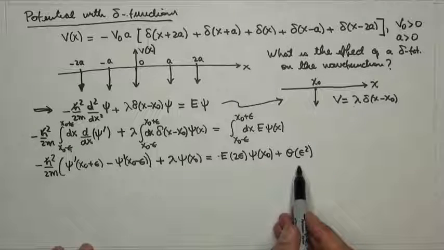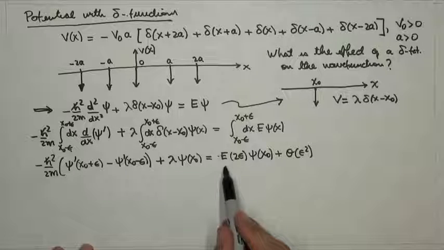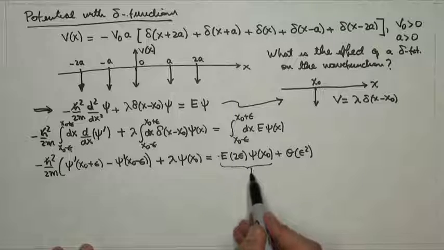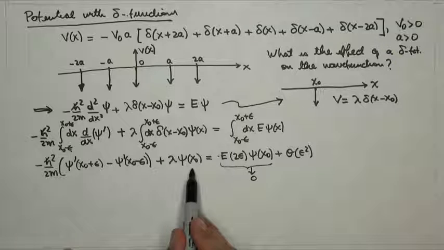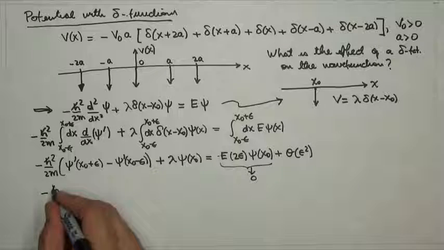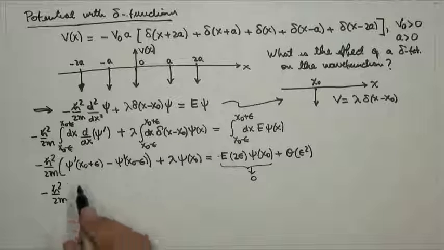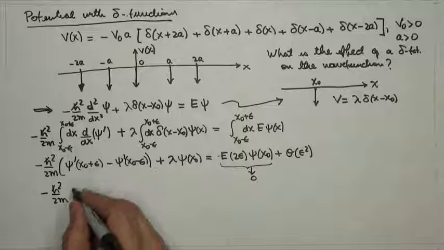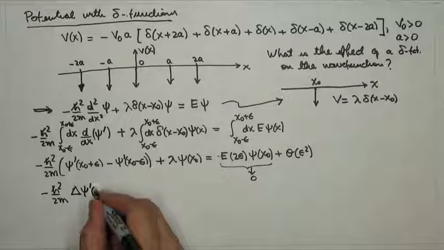Now we just have to restate this in clear language. We want to let epsilon go to 0. In that case, this term will go to 0. And therefore, these two terms on the left-hand side must add up to 0. So what are they? They are minus h squared over 2m, and I'll put some notation here. I will call this difference the delta of psi prime at x0.